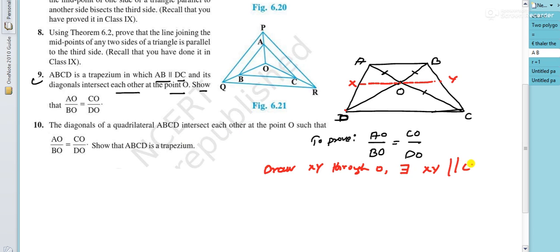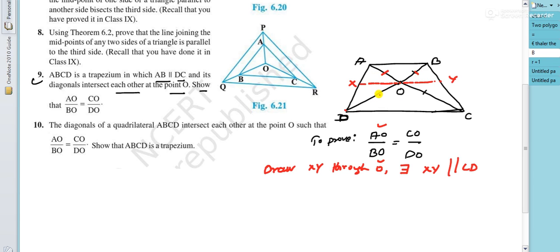Yes, it is parallel to CD, or it is also parallel to AB, that is also fine. Now why have we taken that? We'll take two triangles such that we'll get AO and BO on one side. If you look here, AO is here, correct? And BO is in this.